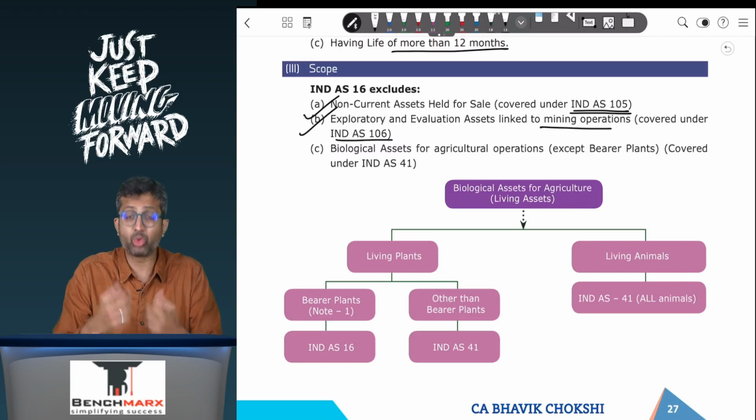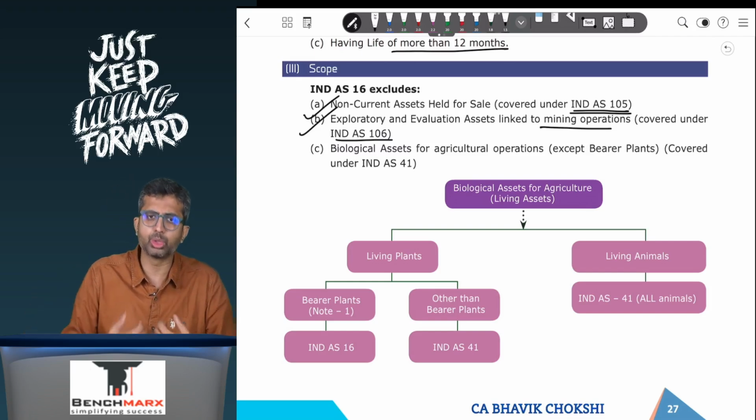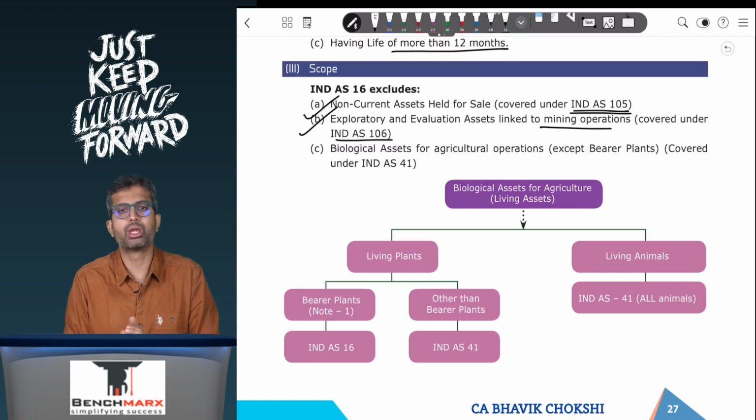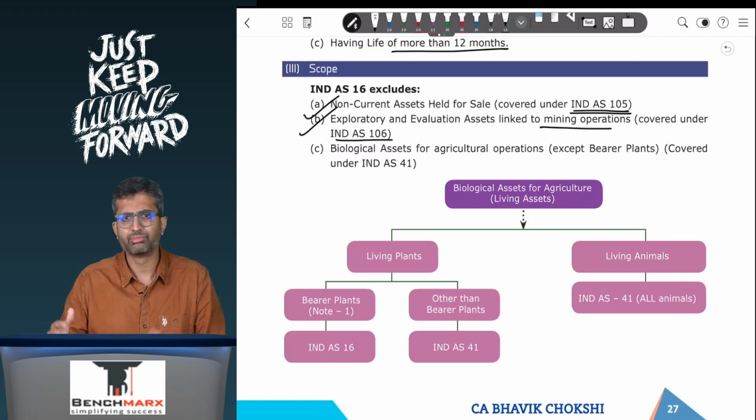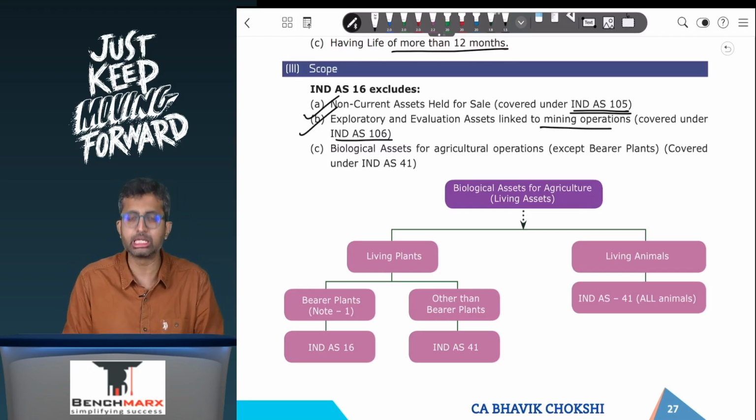Ultimately, I will cut them down and the tree itself is the produce. So a bearer plant bears agricultural produce and is not produce itself, whereas other than bearer plants, well, they may be produce themselves. Bearer plants, remember, will be covered under Ind AS 16. Other than bearer plants will be covered under Ind AS 41.